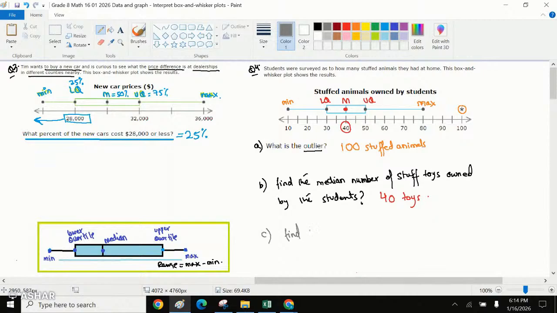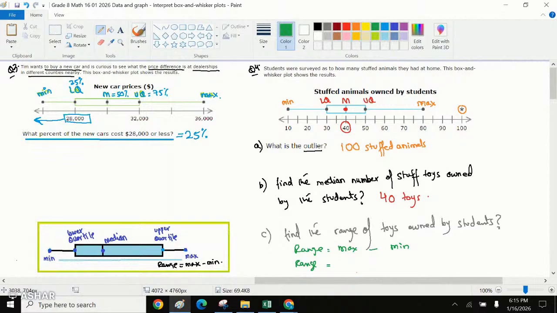And I would add one more part to it. Find the range of toys owned by students. We know that the range is always the maximum minus the minimum. So what is the maximum value?